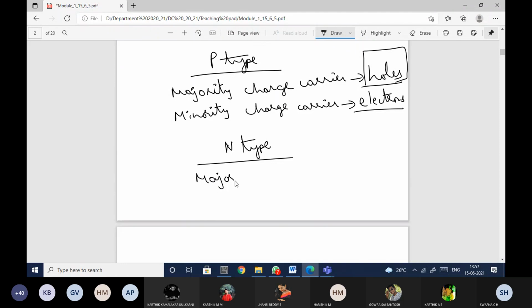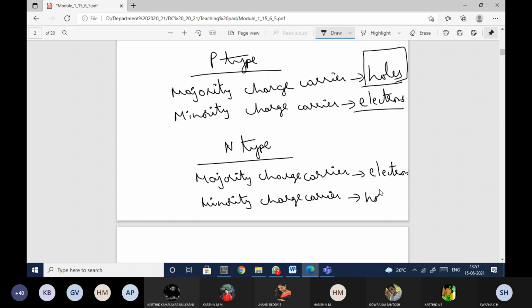So majority charge carriers are electrons here, and minority charge carriers are holes. In p-type, majority charge carriers are holes and minority charge carriers are electrons. In the n-type, majority charge carriers are electrons and minority charge carriers are holes.